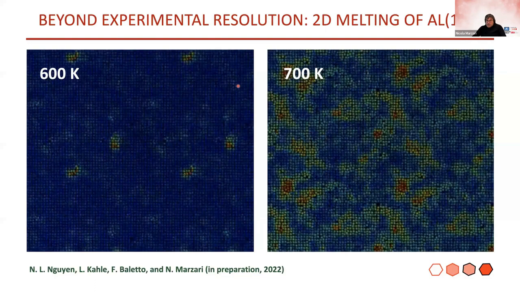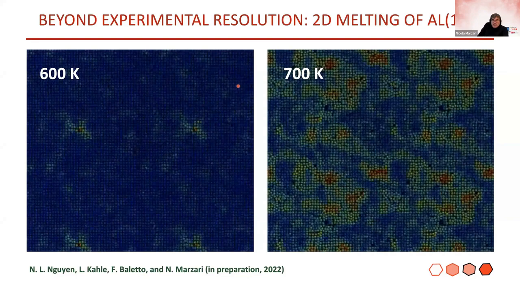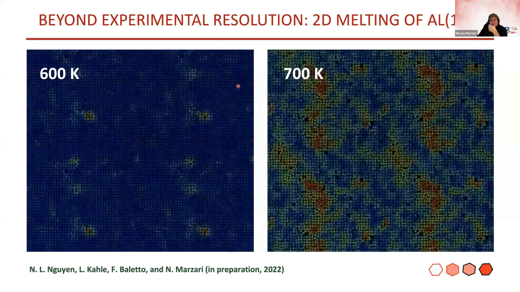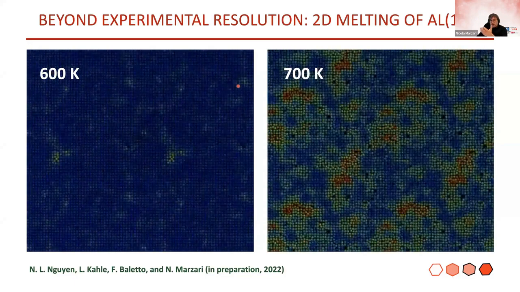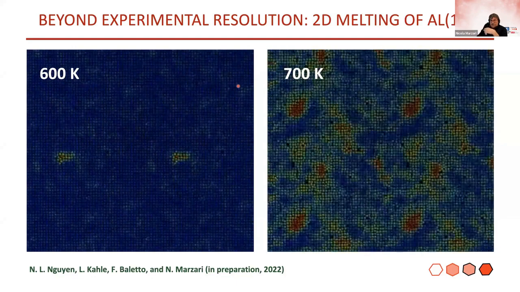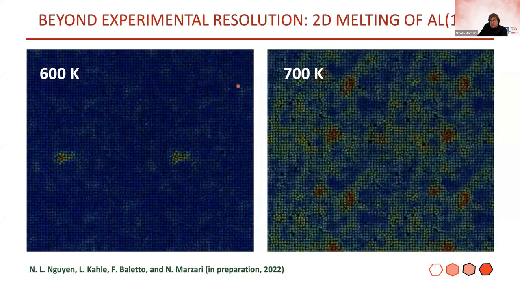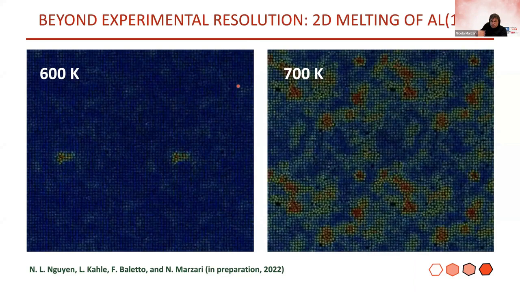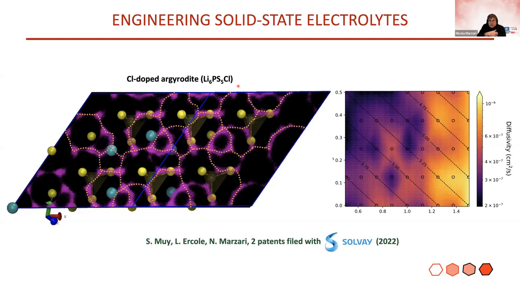And this is already revolutionizing the world of structural and functional materials, where you can fit the potential energy surface with a neural network and then explore phenomena like here, the pre-melting of a metal surface, at time scales and length scales that would be completely out of reach to classical ab initio molecular dynamics simulations.